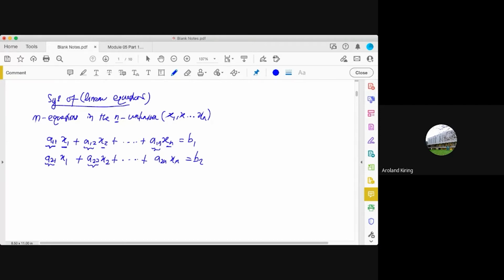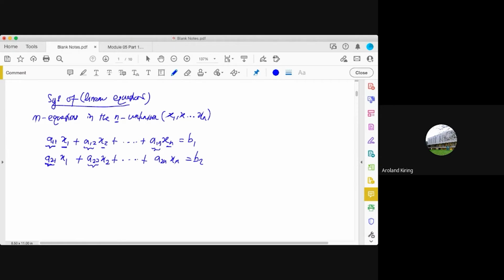That indicates the positions of these particular coefficients. If we put this in terms of matrix form, this is the position that indicates the location of a certain coefficient inside a matrix.